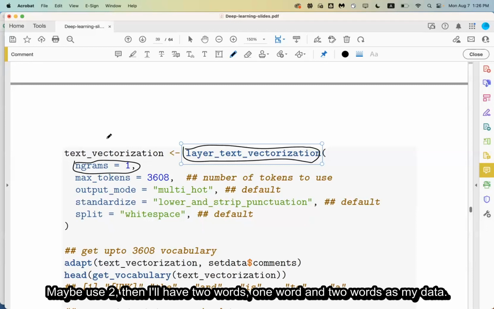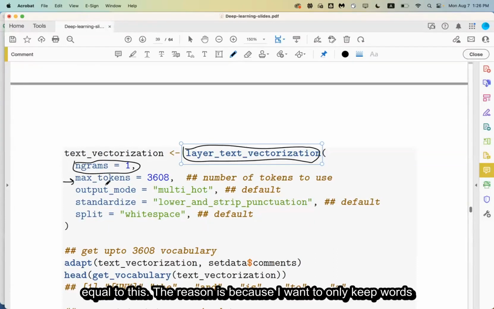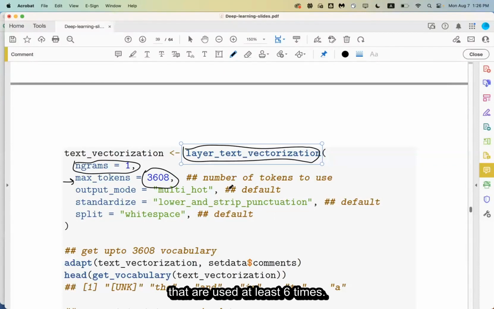If you use 2, then I will have one word and two words as my data. Then I use max tokens equal to this number, because I want to keep only words that are used at least 6 times. The output mode is multi-hot.